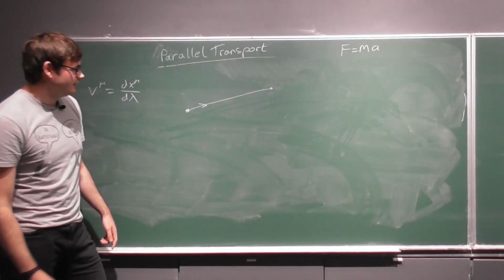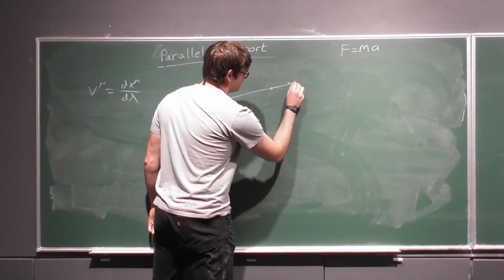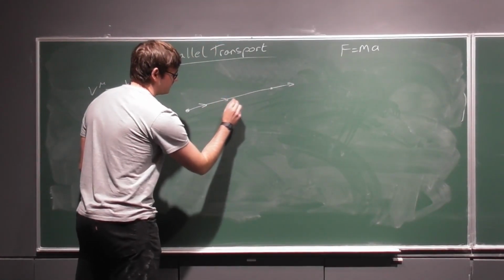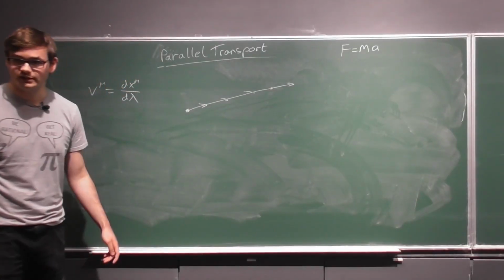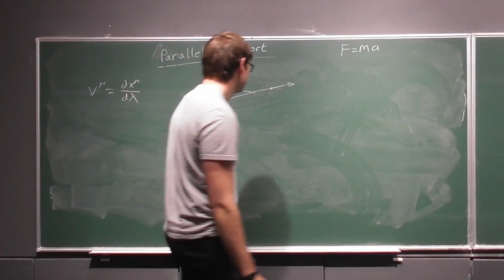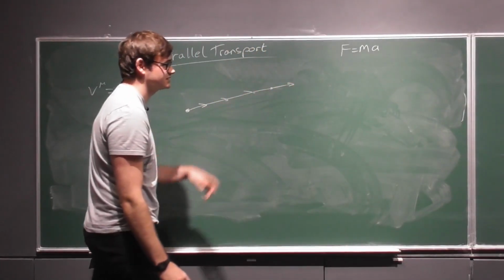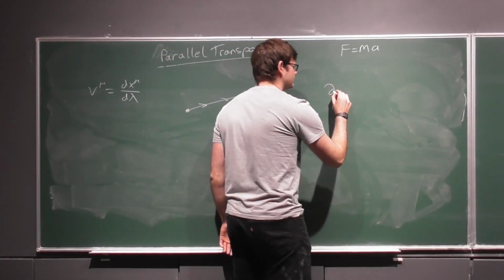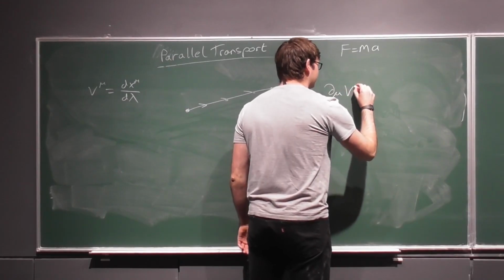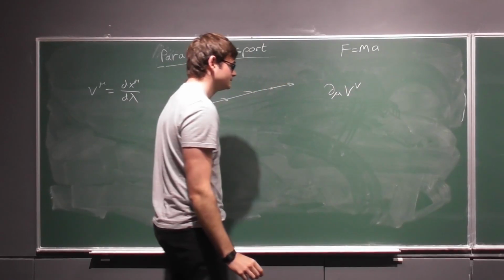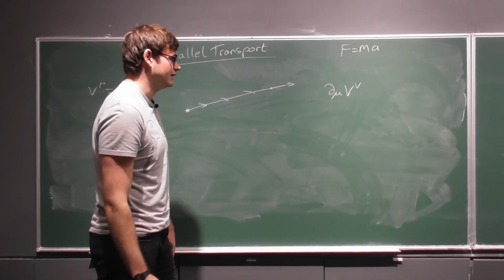So what that means is that at this point, this arrow is going to be exactly the same, and it's exactly the same at every point. That's what it means to move in a straight line. So if this arrow is the same everywhere, the derivative of our vector at any point is going to be 0.